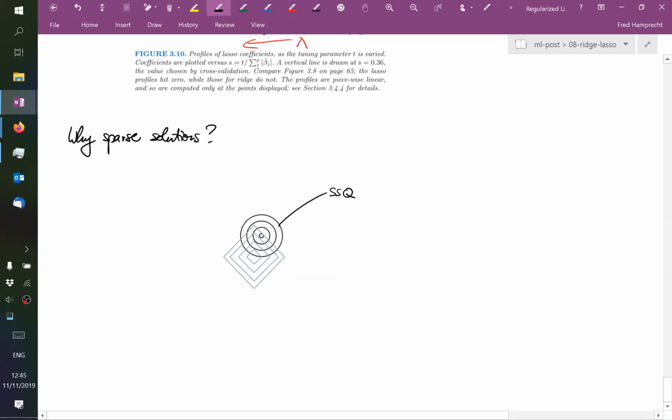Let's say that the black things here are the sum of squares. And here are the regression coefficients, beta 1 and beta 2.